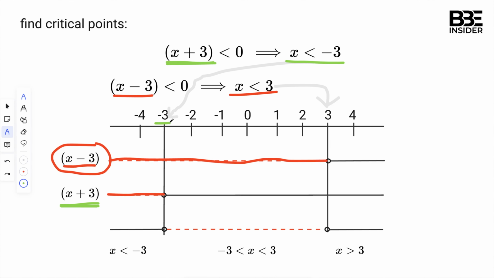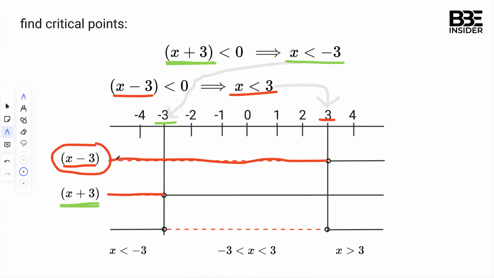The critical values -3 and +3 divide our number line into 3 intervals. The interval x is smaller than -3, the interval between -3 and 3, and the interval x is larger than 3.